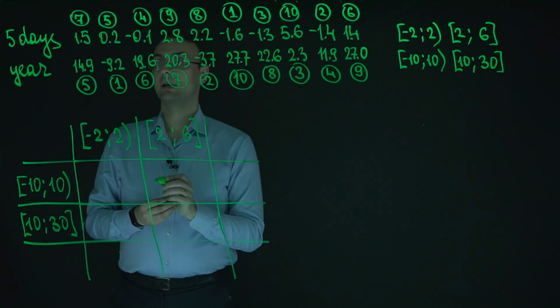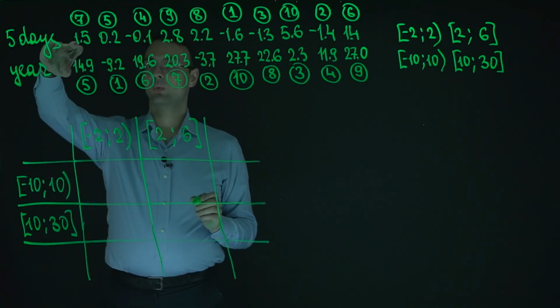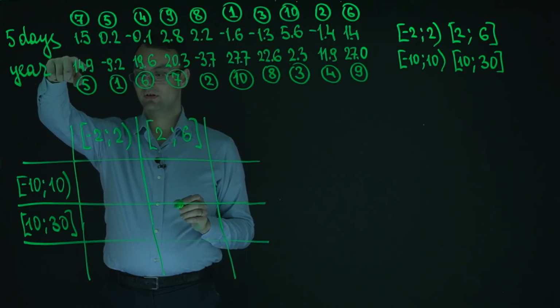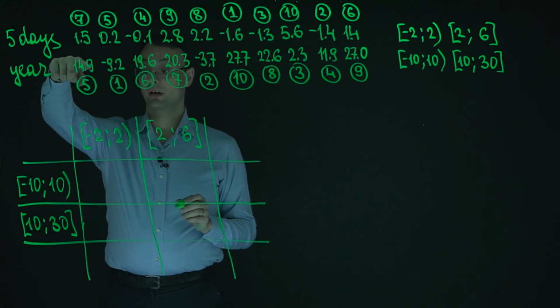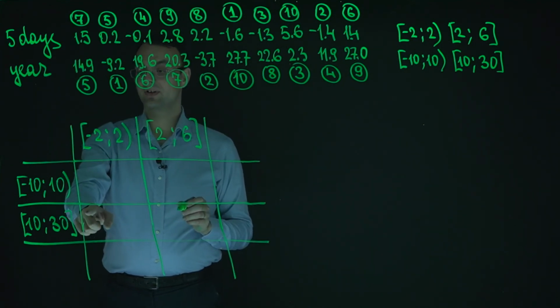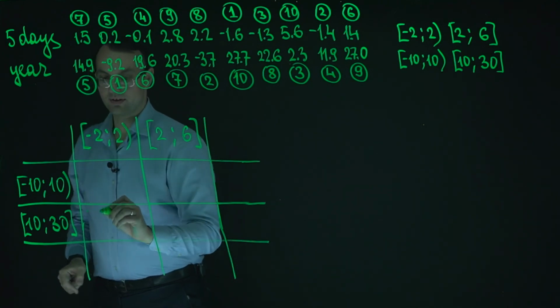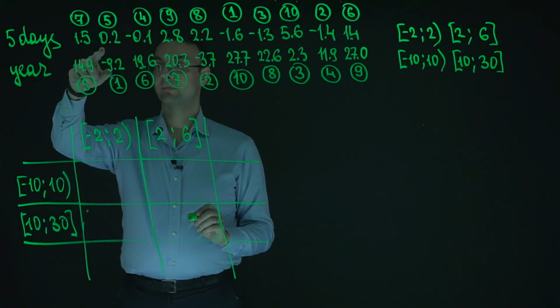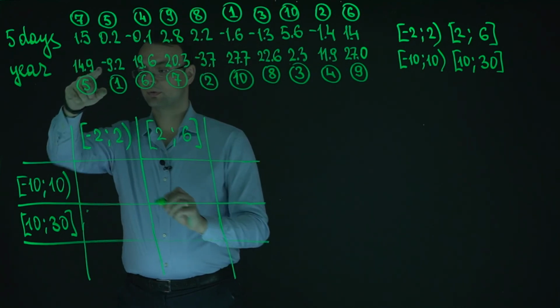Now let us see. 1.5, 14.9. This observation is here in this cell. 0.2, minus 9.2.